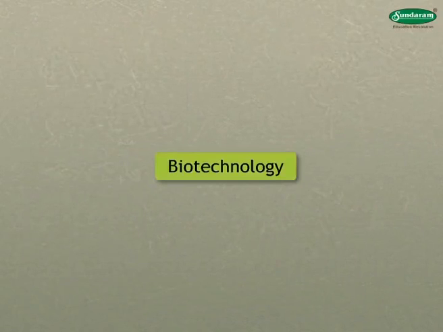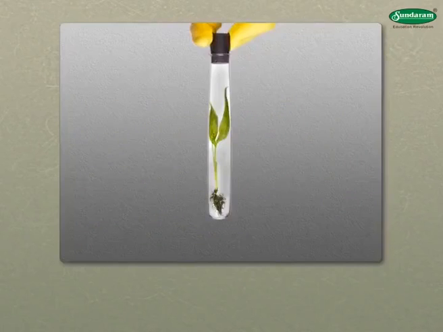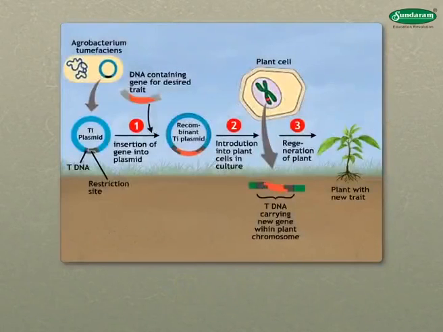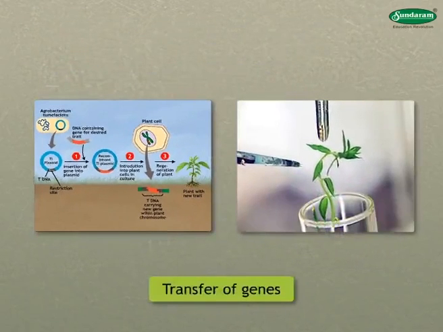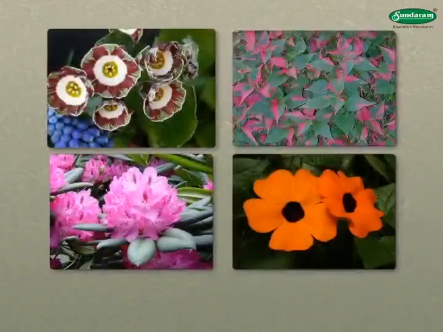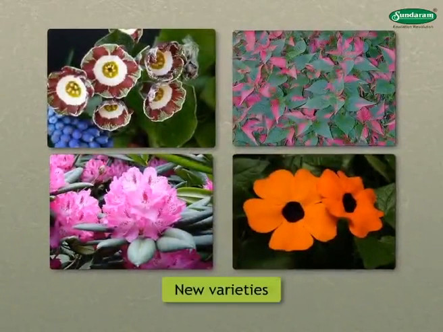We now learn about the new use of science, that is, biotechnology. It is now possible to grow any plant we want in a test tube in a laboratory. Not only that, it is also possible to transfer specific genes from one plant into another and to develop new varieties with certain desired characteristics.